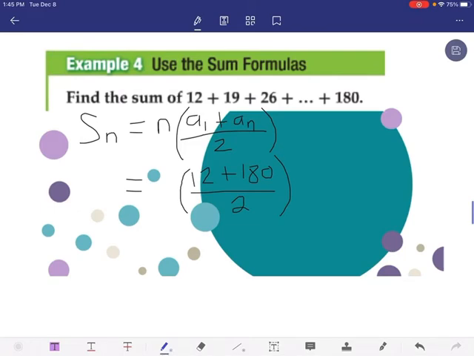We know that 12 is the first term, and we know that 180 is the last term, but we don't know how many terms are in between in that dot dot dot. And that's what's going to be our n value, is whatever number of term 180 is. So we need to find that first. So what we're going to do is use our a sub n formula to kind of work our way backwards.